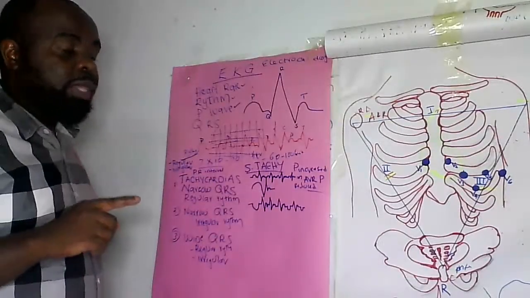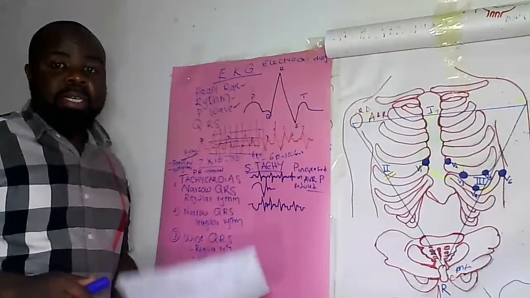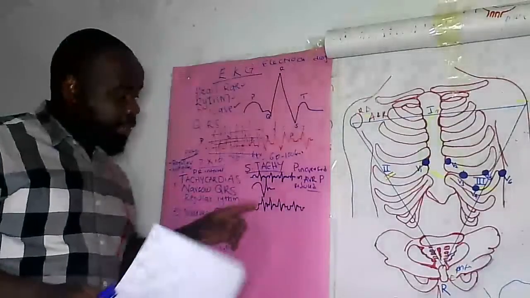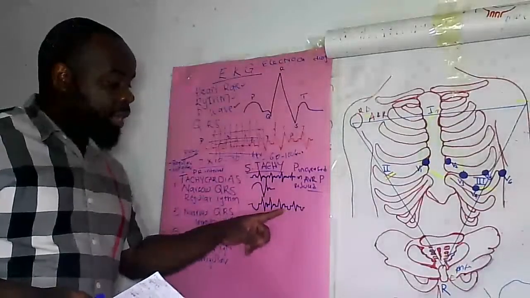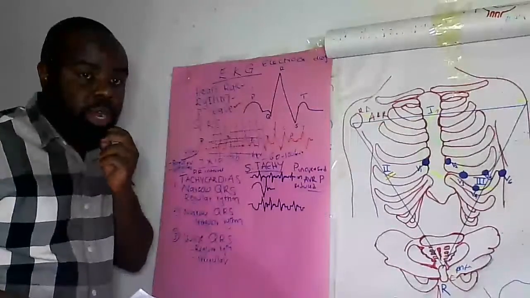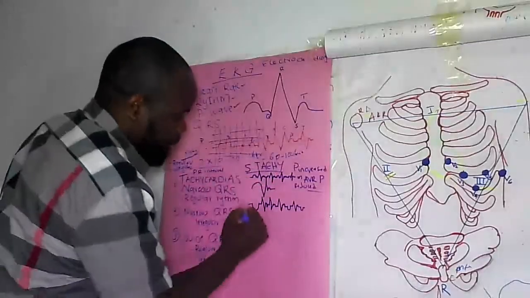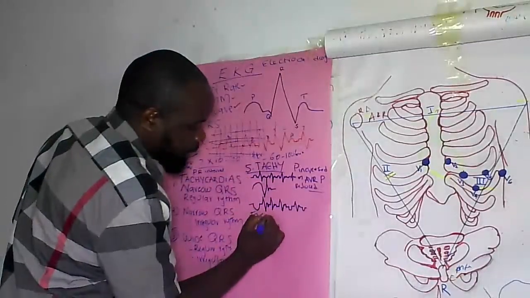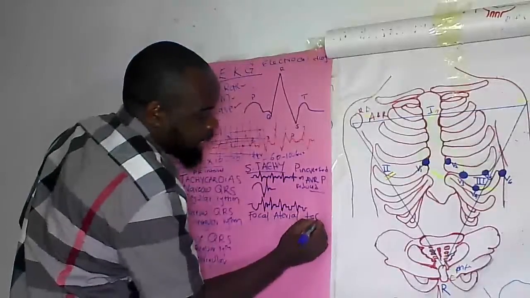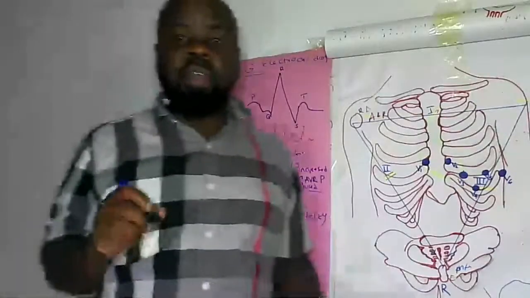And then you can see that these points, the QRS and the P waves, are normal, but they are deflected out. That one, no, it is focal atrial tachycardia.